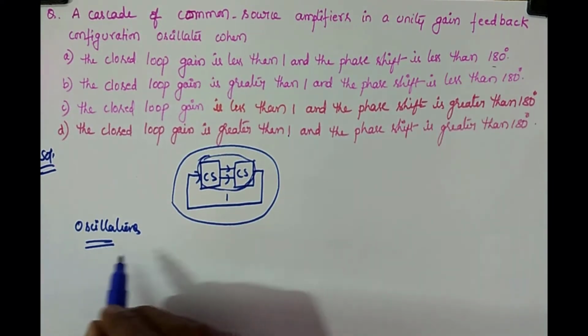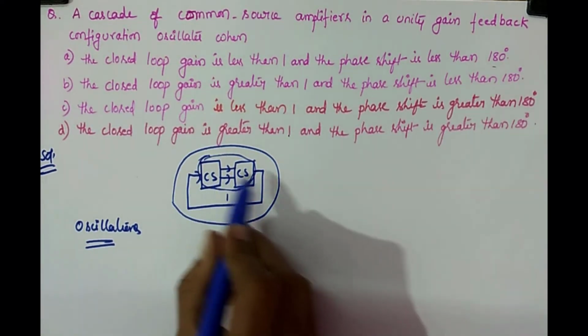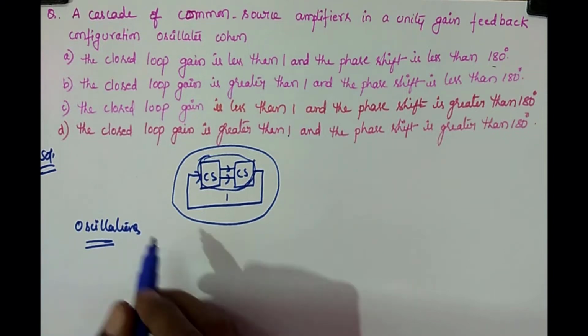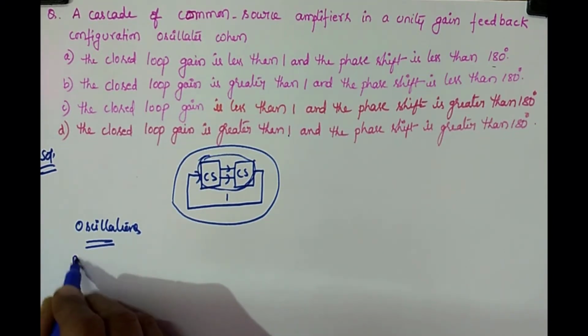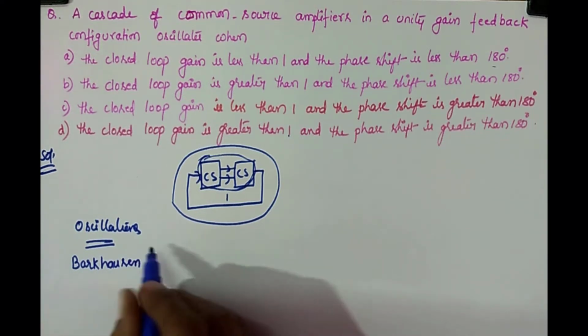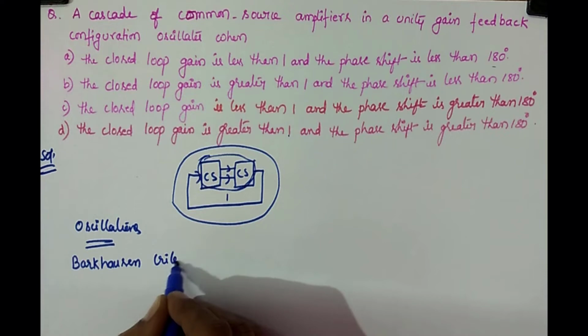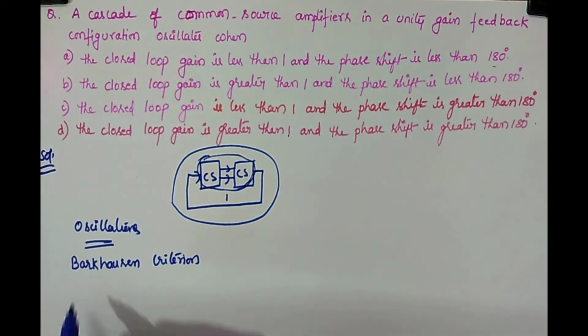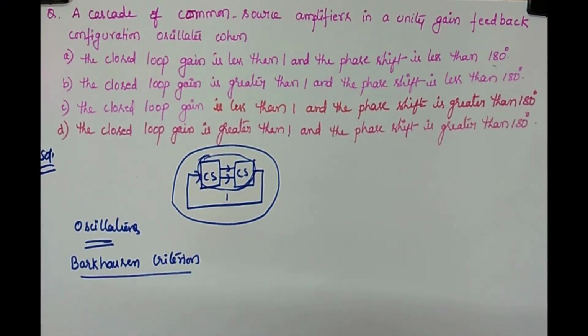And now to get oscillations from this type of circuit, we have a criterion called the Barkhausen criterion. It is the criterion with which we'll get oscillations.